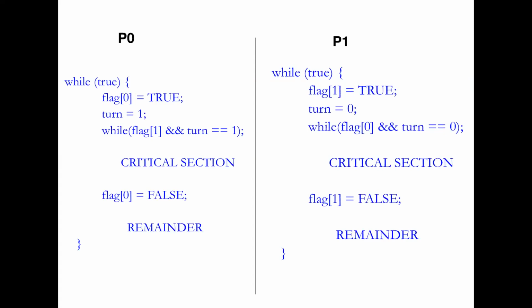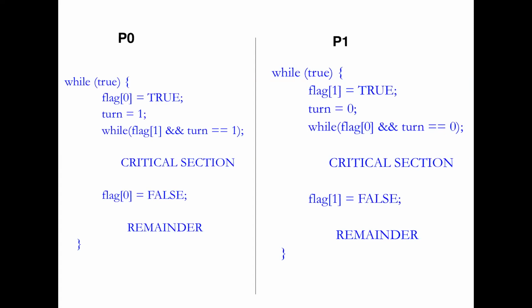It will say, while flag 1 is true, yes, that's correct, because P1 has just set flag 1 to true. And turn equals 1. Yes, and that unfortunately is also correct, because P1 didn't reset it to 0 yet. P0 has set turn to 1. So therefore, I'm going to get stuck in this loop until P1 finally resumes and makes the sacrifice, so to say, and sets turn to 0.